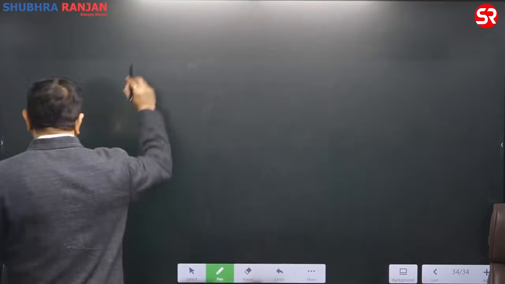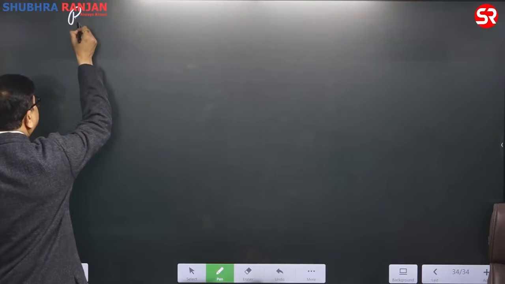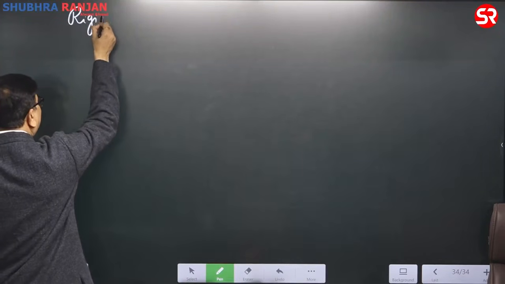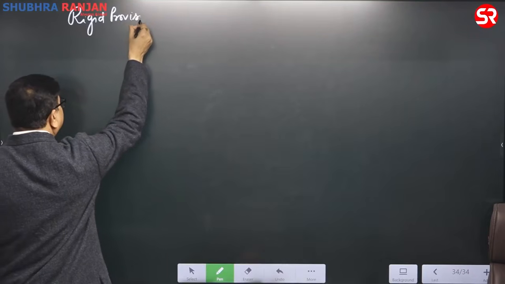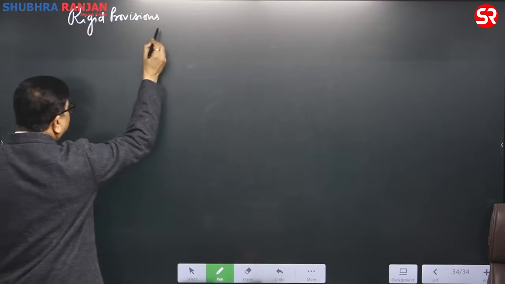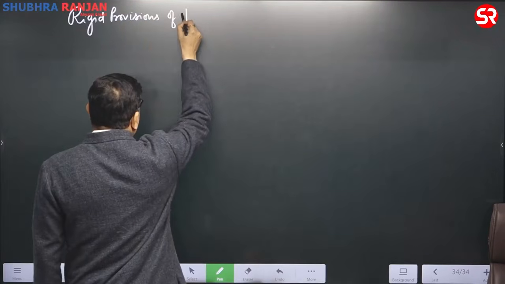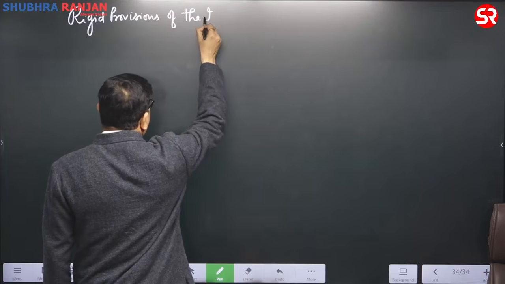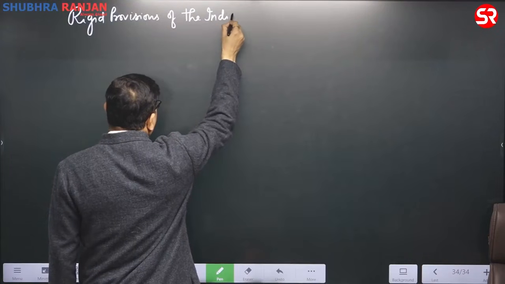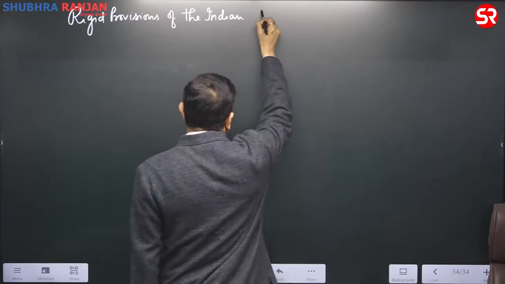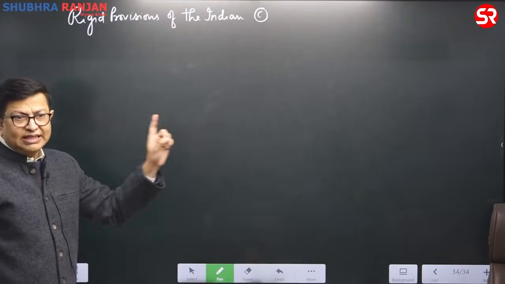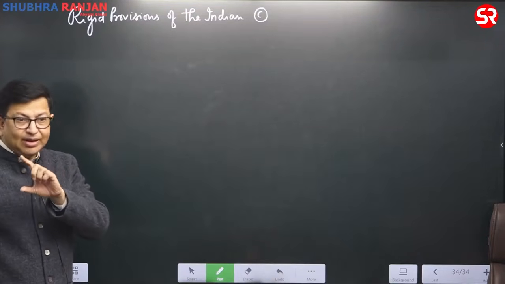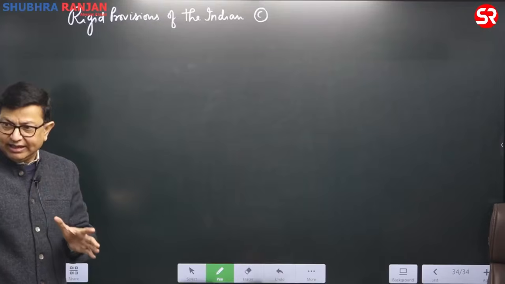Now, what are the rigid provisions of the Indian Constitution? Means these provisions cannot be amended by the parliament unilaterally.